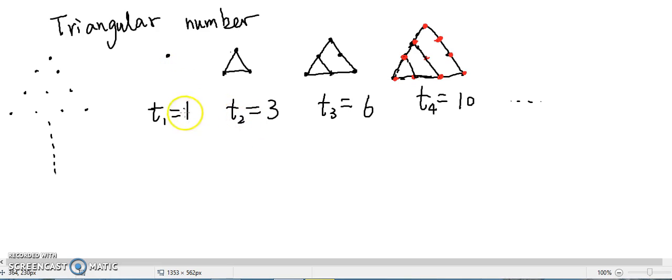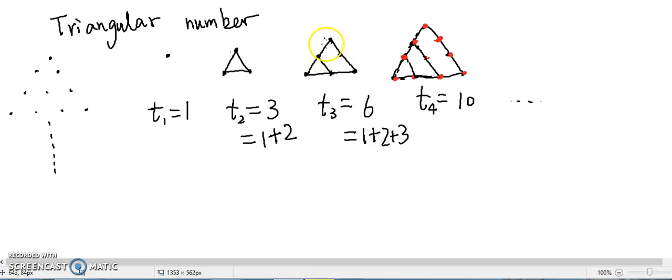The first one is easy to count. There's only 1 dot. But the second one, how do we get 3? We usually count the first row 1 dot, second row 2 dots, and 1 plus 2 is 3. And the third triangular number, first row has 1 dot, second row 2 dots, third row 3 dots.